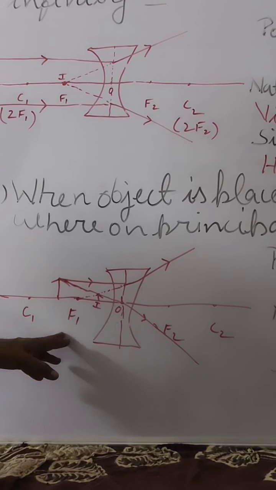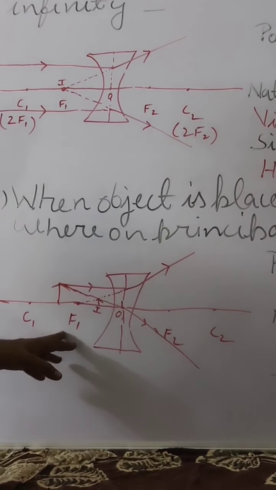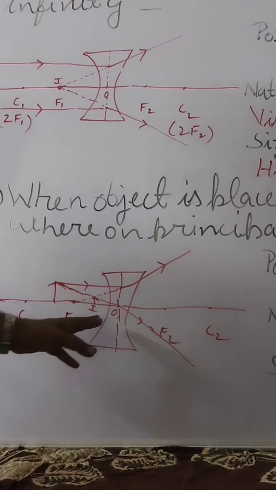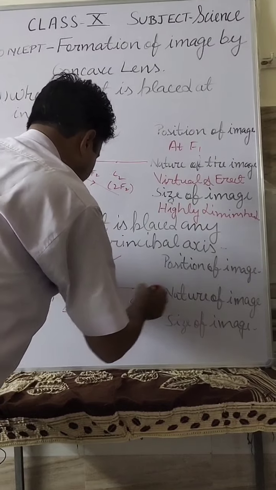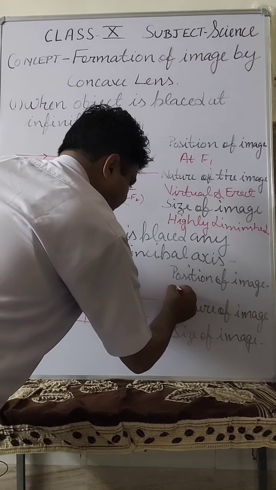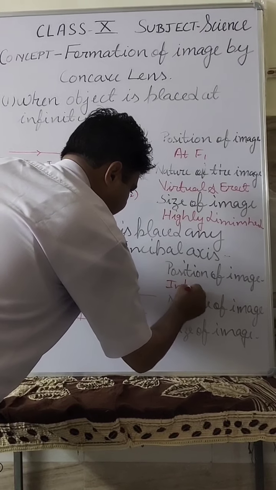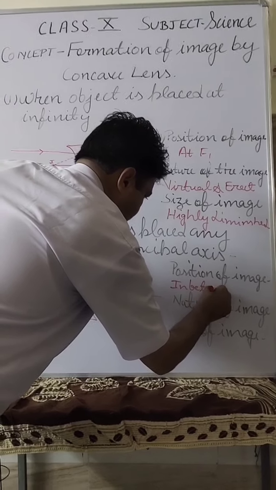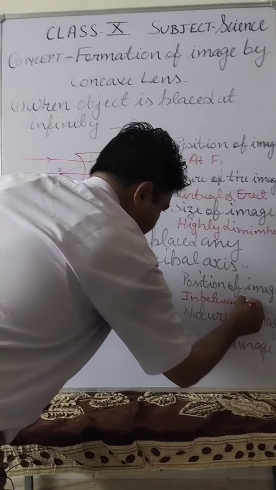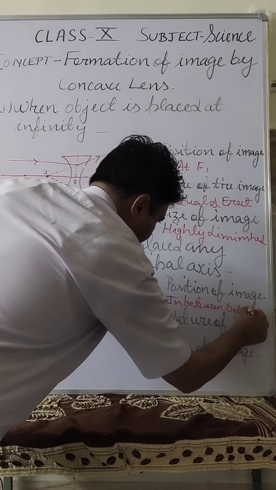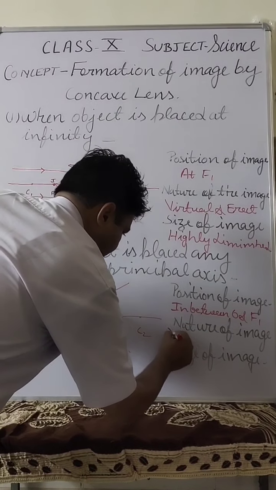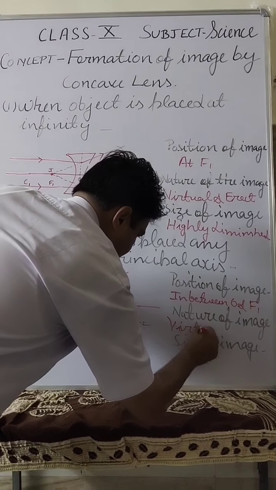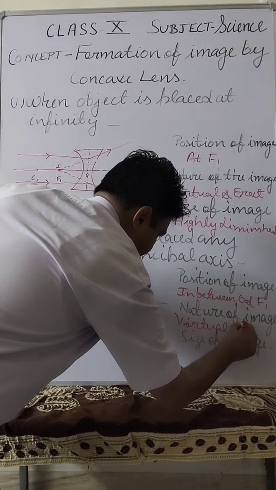So what will you write here? The image will be formed in between O and F1. So you write here the position of the image in between O and F1. Nature of the image same, virtual and erect.